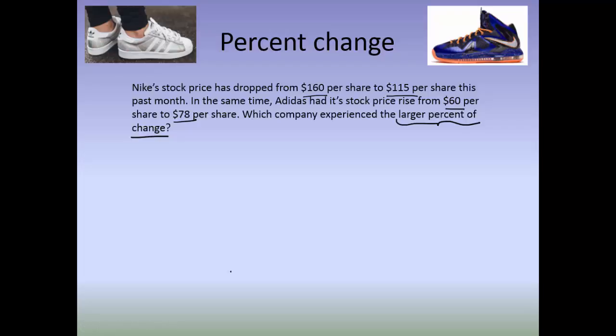In the first one, for Nike, remember for these problems we need to find the amount of change by subtracting and then divide that by the original amount. Then we multiply by 100 to change it to a percent. That's the formula we're going to use for both.